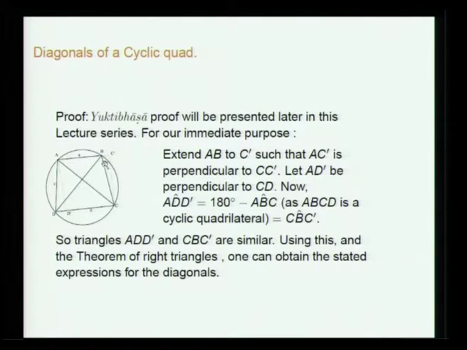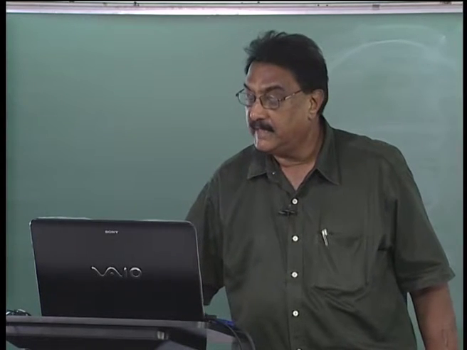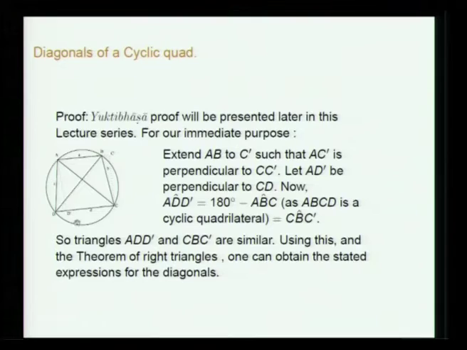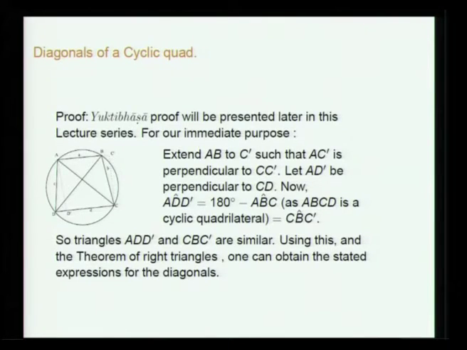Using these results is a bit of algebra only, no great concept is involved. Here also the same thing is there, you will get essentially two expressions for AC. Equating these two, using these similar triangles and the theorem of the right triangle, one can get this. That is a very important result due to Brahmagupta.